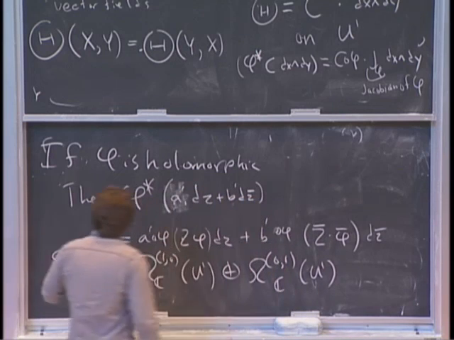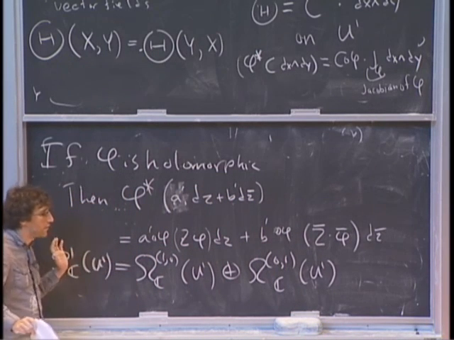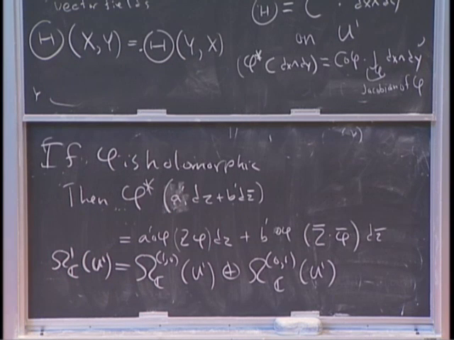But the point is, if φ is holomorphic, the splitting is preserved. And so the splitting makes sense on a Riemann surface. But it doesn't make sense, of course, if you just have an abstract surface. Even though the splitting makes sense locally in coordinates, it's not invariant under smooth change of coordinates. And in fact, you can see that the splitting being preserved is exactly equivalent to φ being holomorphic.